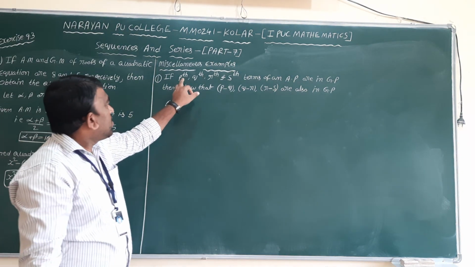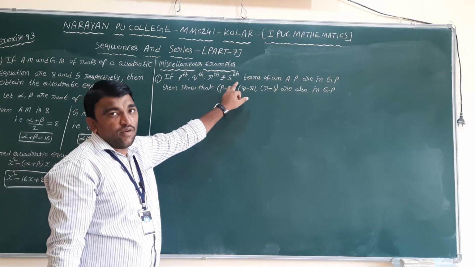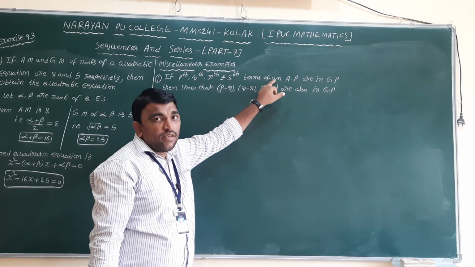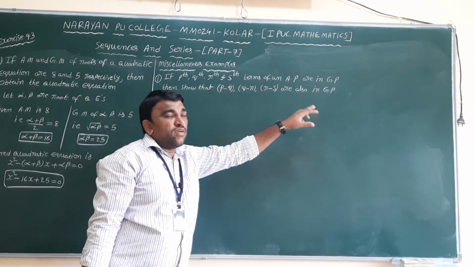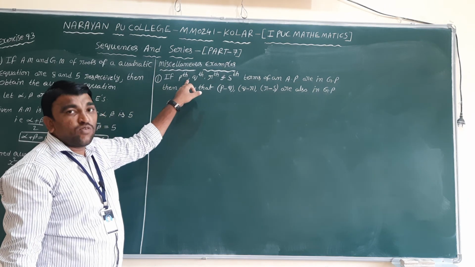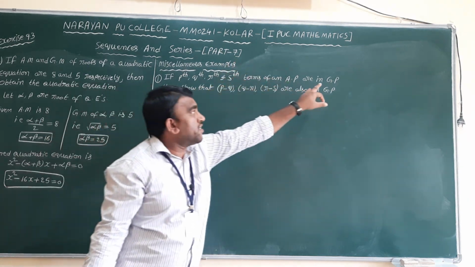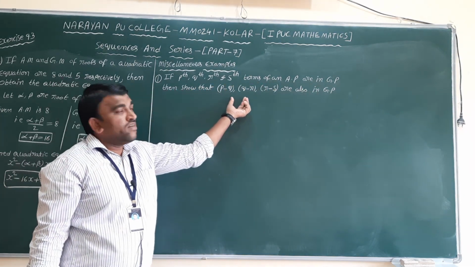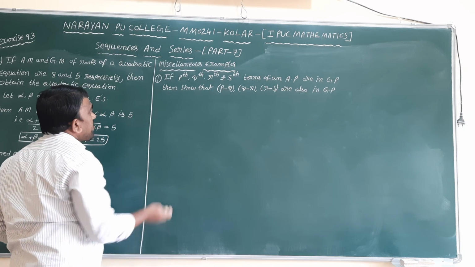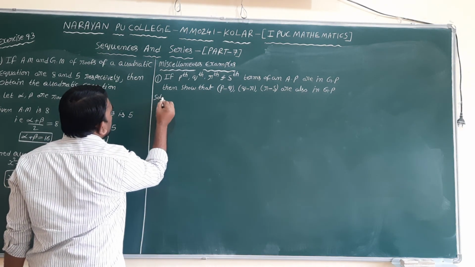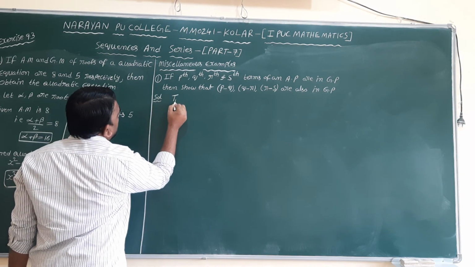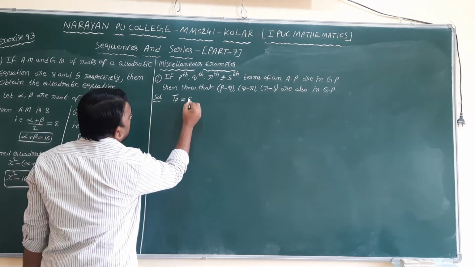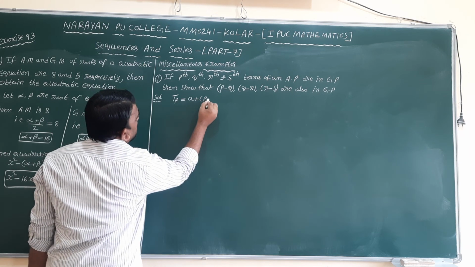Here 4 terms are given. These 4 terms of an AP are in GP. So along with being arithmetic progression terms, the terms are also in GP. Then show that these are in GP. Now Tp, the pth term of an AP, is a plus p minus 1 into d.